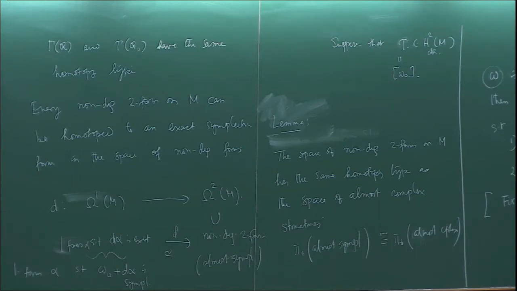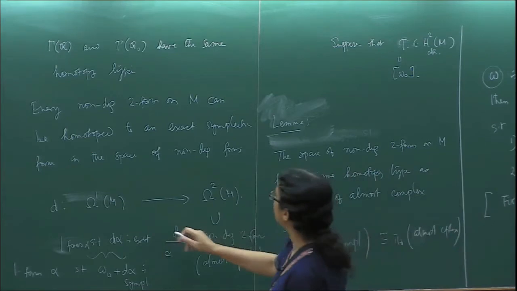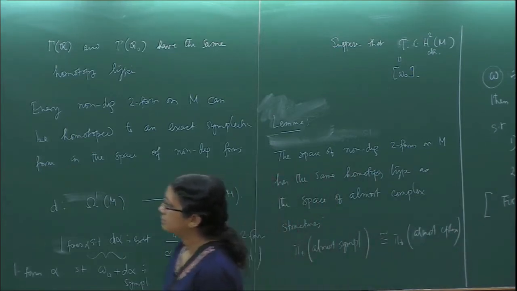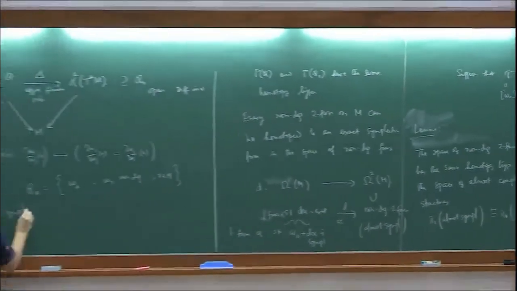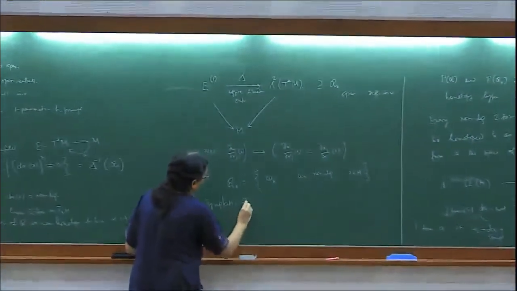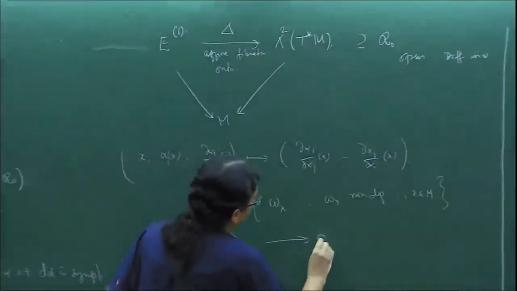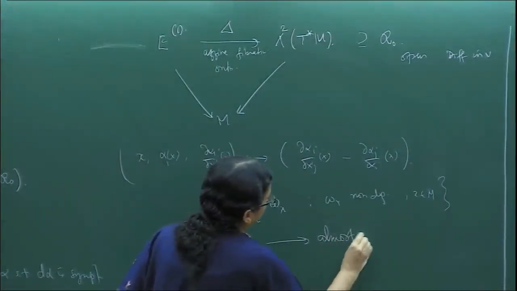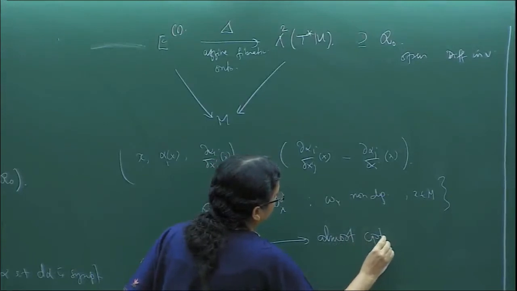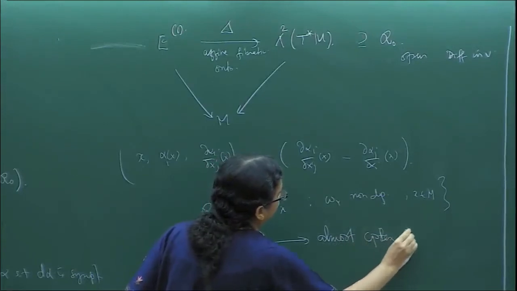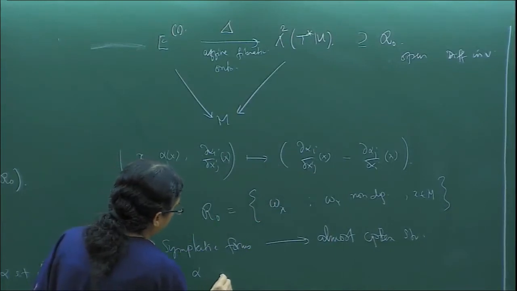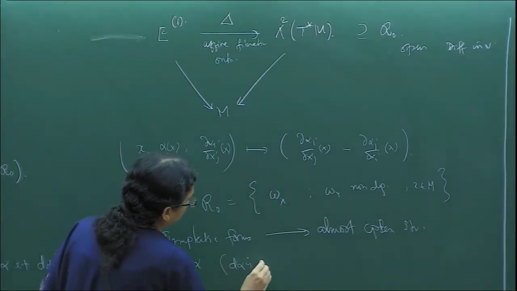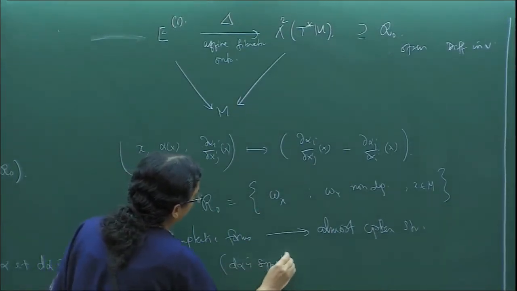So the map that we defined in terms of D, we can go further. And we can claim that if we are going from symplectic forms to almost complex structures, so you have some alpha such that D alpha is symplectic. So that is how we do it.